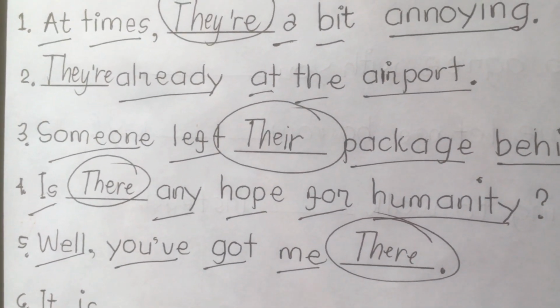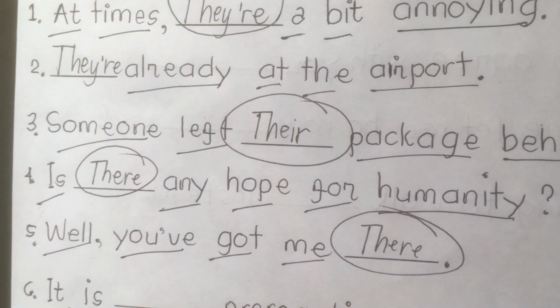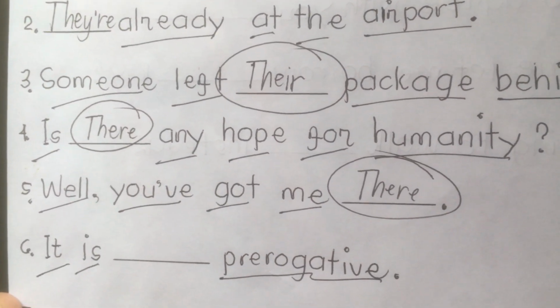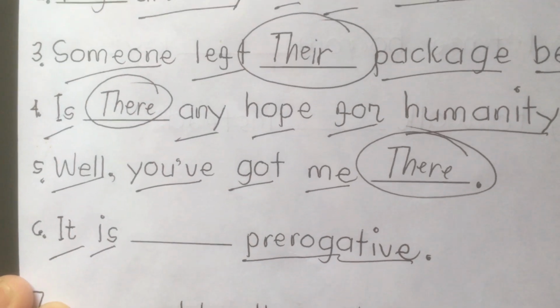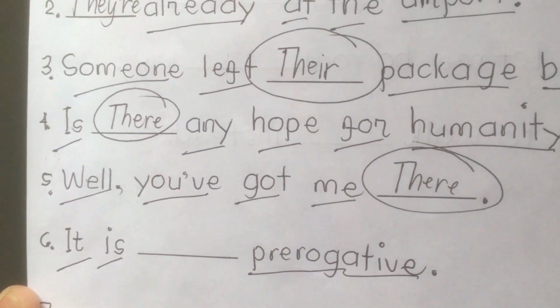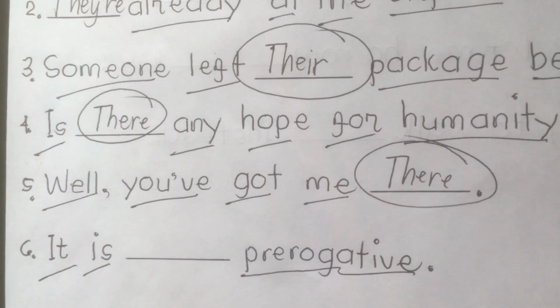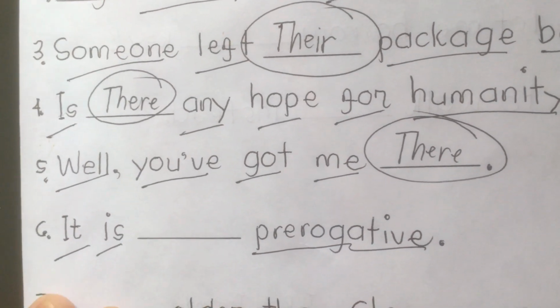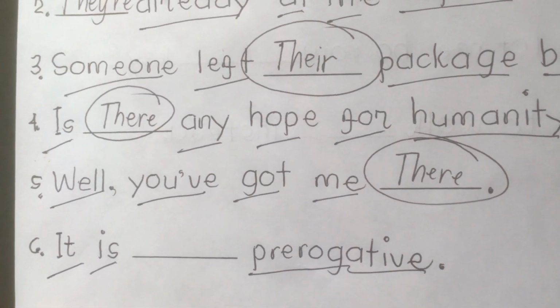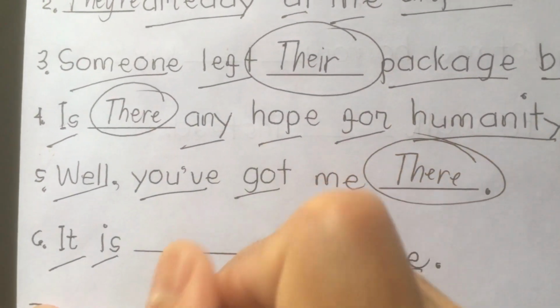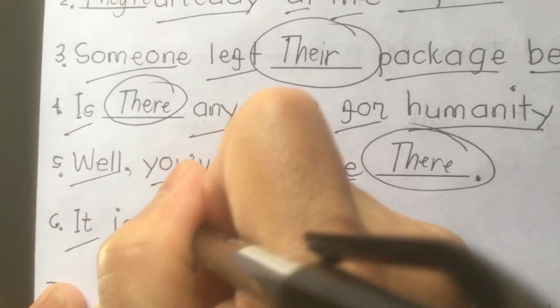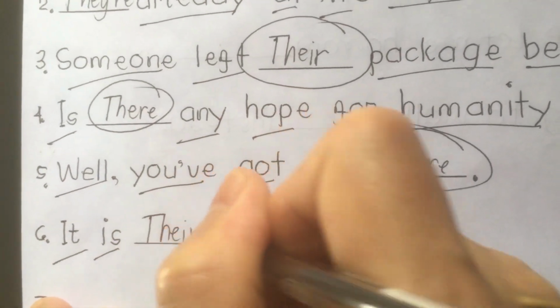It is blank prerogative. So do we choose a possessive pronoun, or an adverb of place, or the informal style? For number 6 we have their, showing ownership.